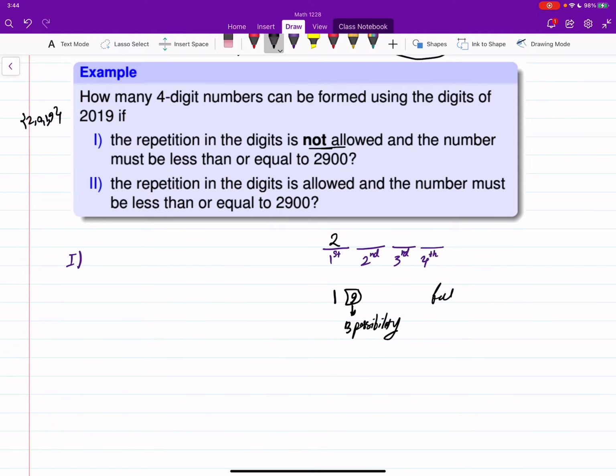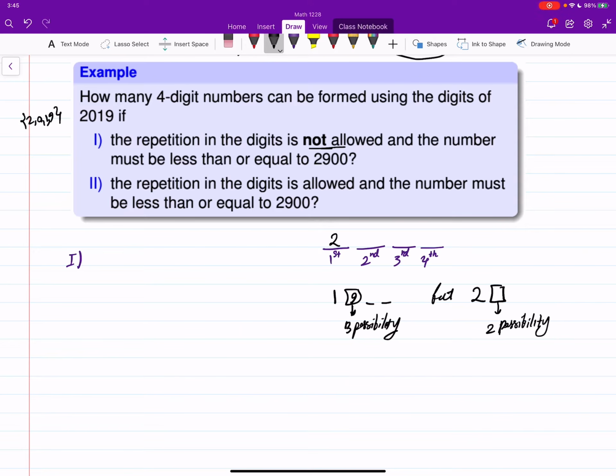But if you start with 2, then in the second digit, we cannot use 9. Because if you use 9, there is a 1 somewhere appearing, and that will be a number bigger than 2900. So there will be only 2 possibilities. And that breaks the ease that we usually have in fundamental counting problems.